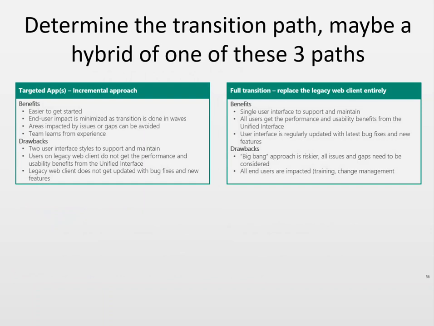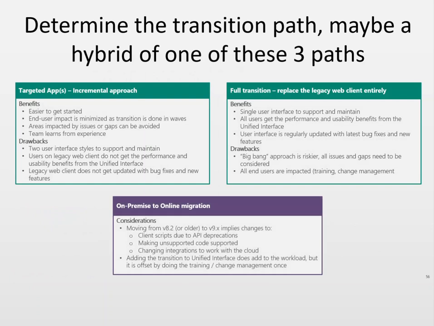Otherwise you have to do a full upgrade, and in that case it will be more risk, it may take a long time, and it will affect all the users at the same time. And for sure, if you're upgrading from on-prem to online, you have to go for upgrading it.